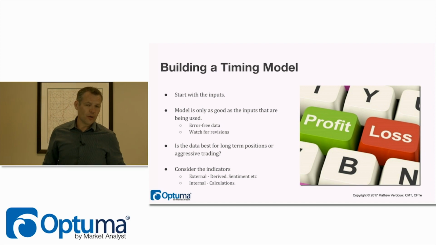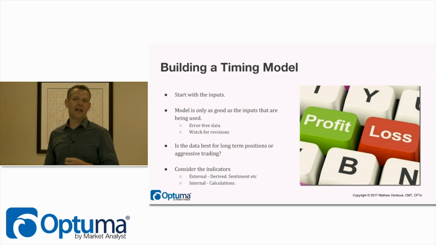Now, of course, the model that we create is only ever as good as our inputs, be it our data, and when it comes to pricing data, is our data accurate? Is it clean? Are spikes removed? Those sorts of things. They're all the sorts of things that you need to look out for. Sometimes with some of these, especially more the fundamental data, there can be revisions.